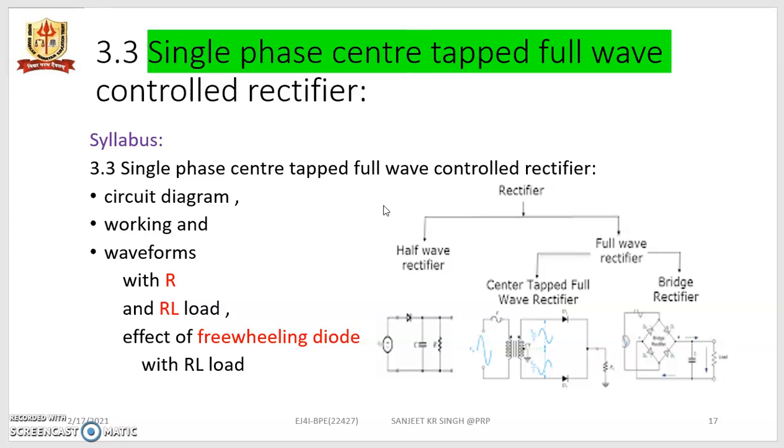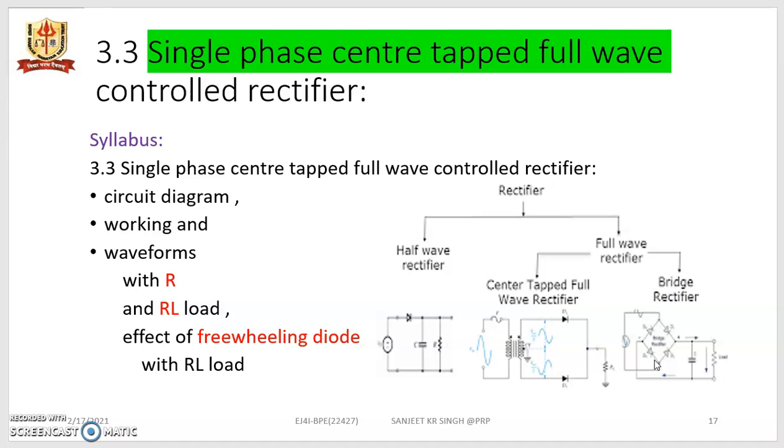Before we go for the single phase center tap full wave control rectifier, we know a rectifier can be classified as half wave rectifier or full wave rectifier. In half wave rectifier, we have seen that there is one power device used as a rectifying element or as a switch that will allow only the positive half to be rectified, and in full wave rectification process there are two power devices used for rectifying the positive and the negative half respectively.